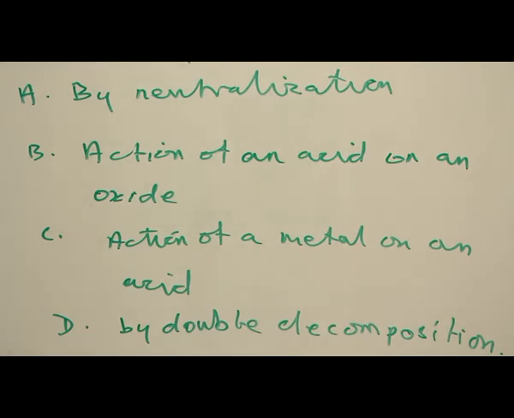B. By the action of an acid on an oxide. This is also a method of preparing a soluble salt. C. Action of a metal on an acid. This is also a method of preparing a soluble salt. Most soluble salts are prepared by the methods I've been outlining. D. By double decomposition. Double decomposition is only used to prepare a salt that is insoluble. Consequently, the correct answer is D.